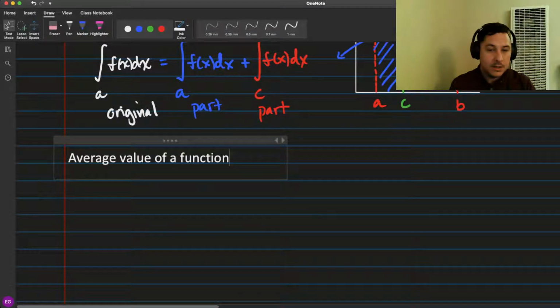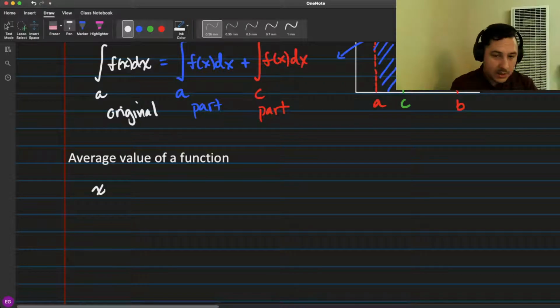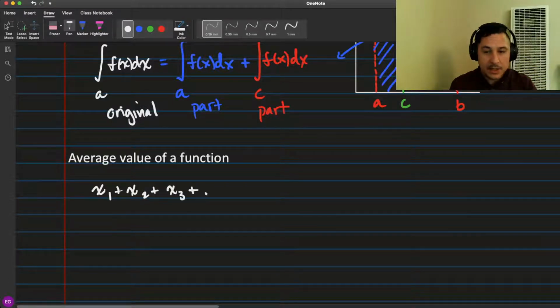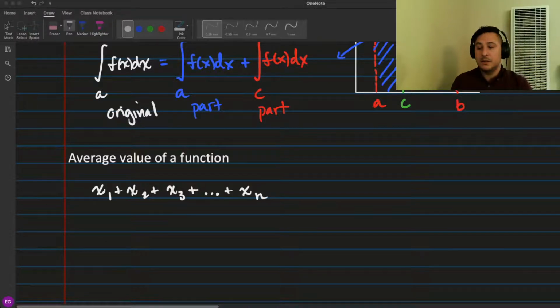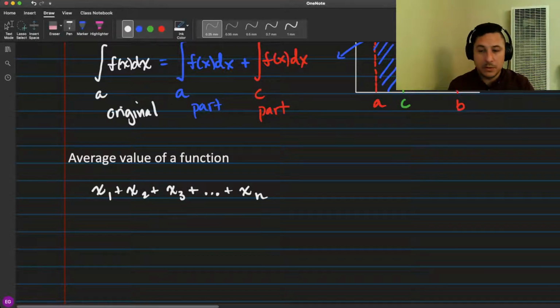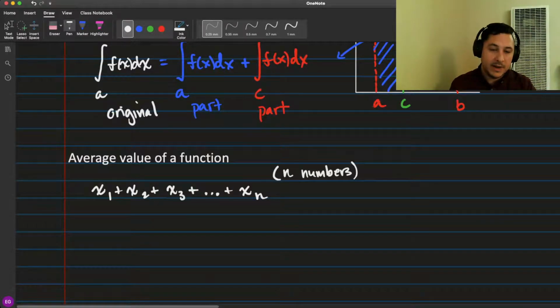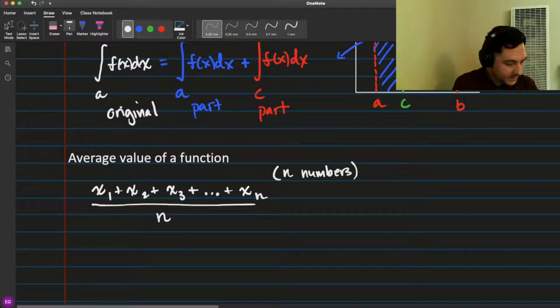So you have a bunch of numbers, x1 plus x2 plus x3 plus ... xn. As written, how many numbers do I have? We have n numbers, cool. So here I have n numbers, which means that I need to divide this by n. Good so far?